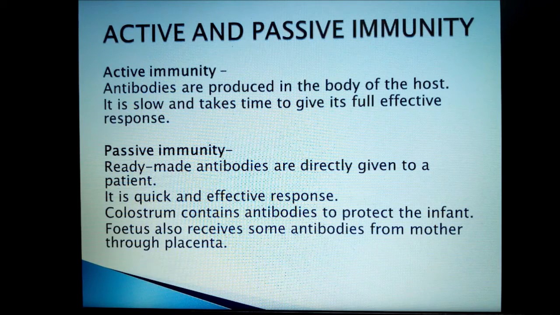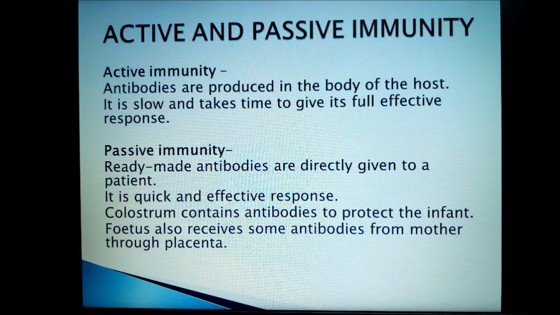That time the immune system of the host gives a response and produces antibodies against that particular pathogen. This is called active immunity, as the body of the host is actively taking part in producing the antibodies against the pathogen. This active immunity is slow. It takes time to give its full effective response.